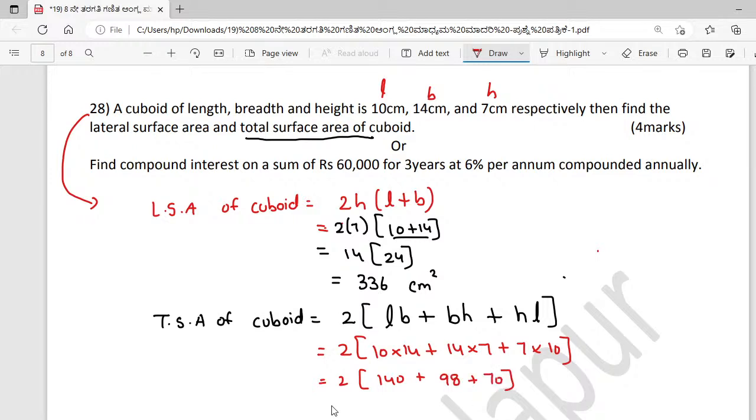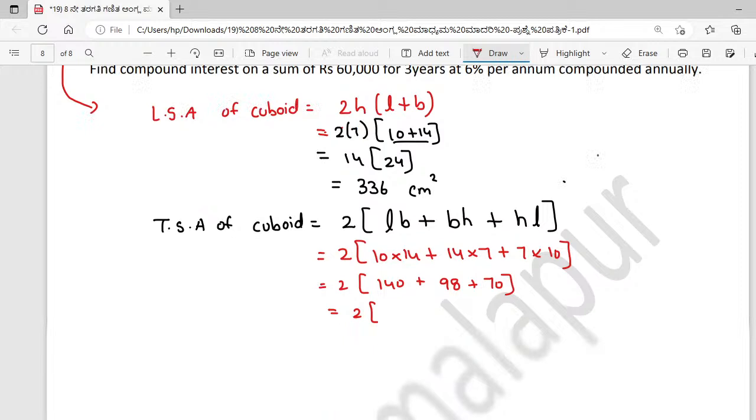Add them all up: 140 plus 98 plus 70 gives 308, and multiplying by 2 because of the bracket, we get 616 centimeters square.